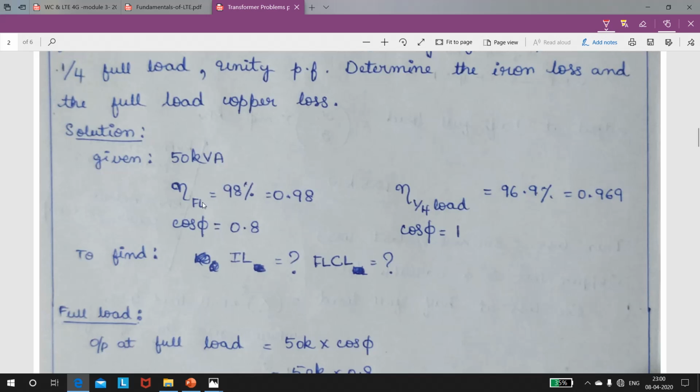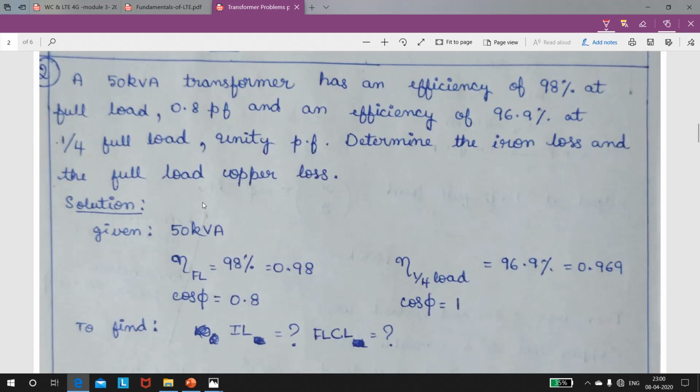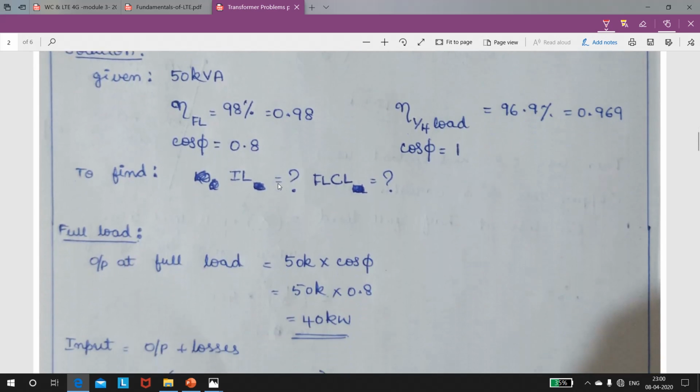Efficiency at full load is 98%, power factor is 0.8. Efficiency of 96.9% at 1 by 4th of the load, cos phi is equal to 1. So you have to calculate the iron loss and copper loss at full load, so IL plus FLCL.